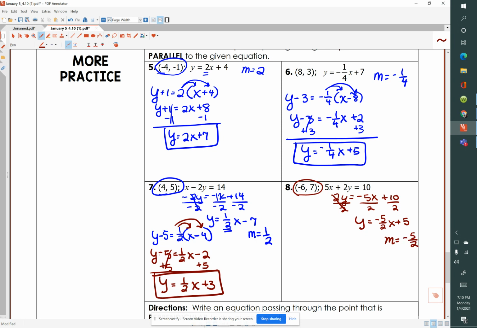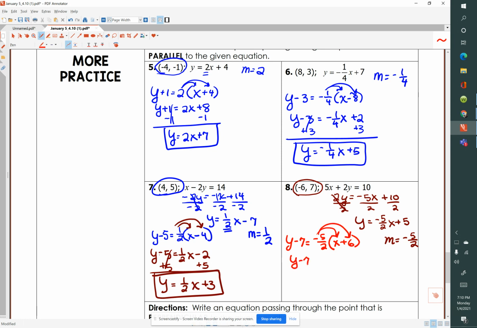So let's, I think I'll change the color. We'll use the point slope formula. Y minus 7 equals -5/2 times the quantity of x plus 6. It's x minus -6, so that would be plus 6. Now we distribute.